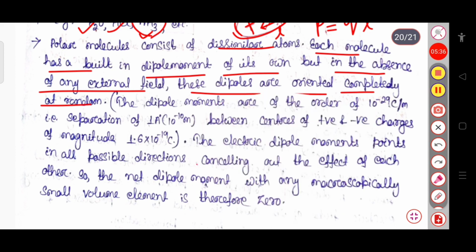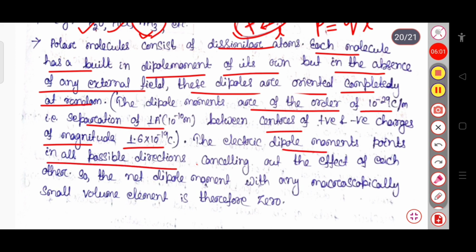These dipole moments are of the order of 10 power minus 29 coulomb meter, that is, a separation of 1 angstrom, 10 power minus 10 meter, between the centers of positive and negative charges of magnitude 1.6 into 10 power minus 19 coulomb. The electric dipole moments point in all possible directions, cancelling out the effect of each other.